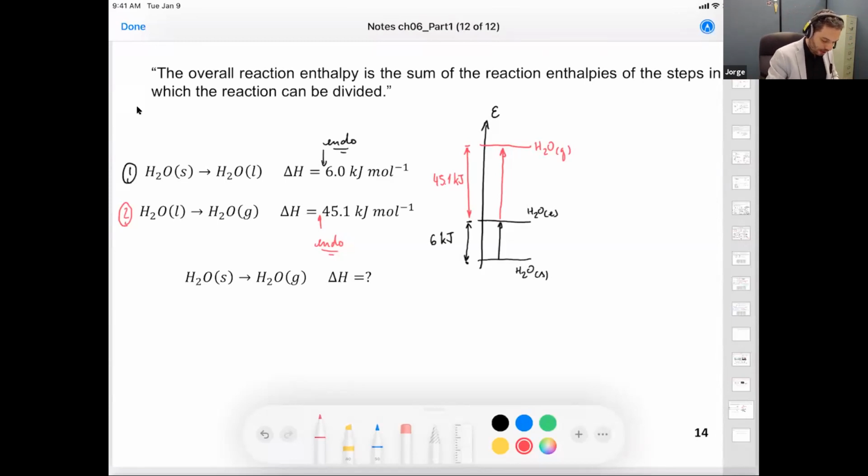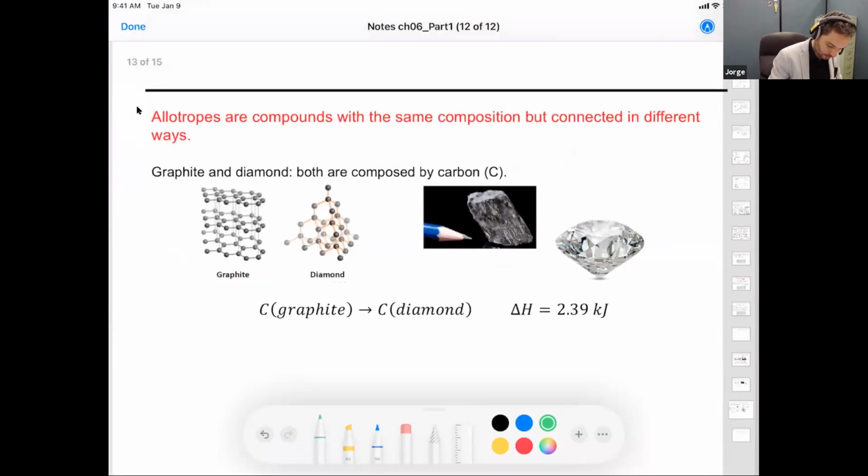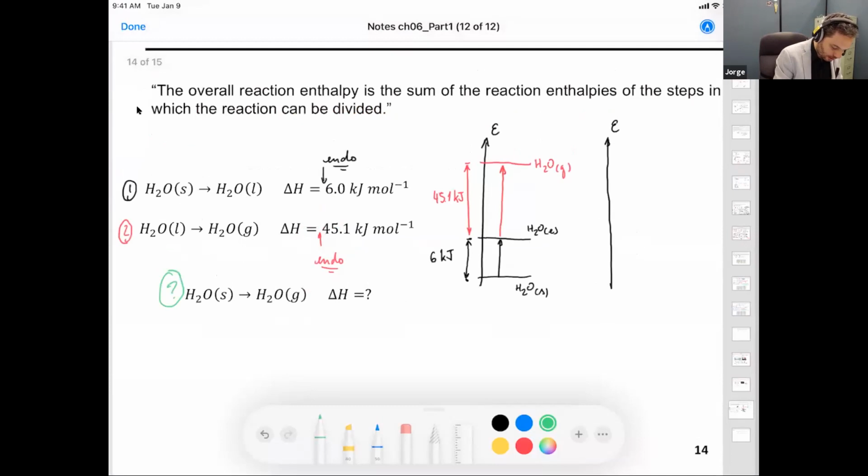And let's draw next to this energy diagram what we are looking for. What is our problem? In our problem, we want to know the delta H if we start from water in the solid state and go directly to water in the gas state.